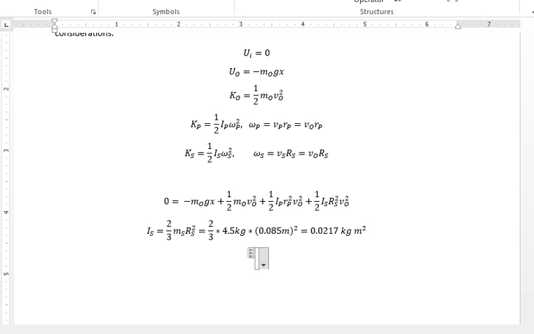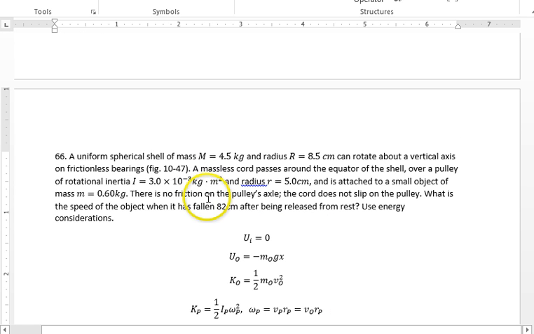I of the pulley they gave us, I of the pulley is 3 times 10 to the minus 3 kilograms meters squared.